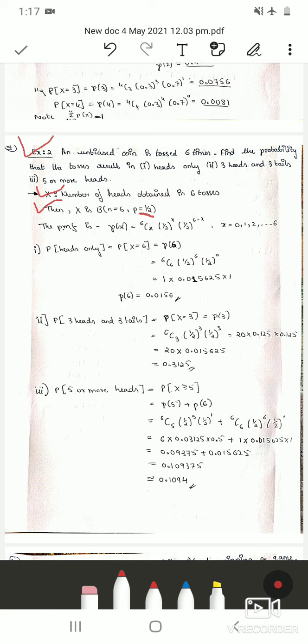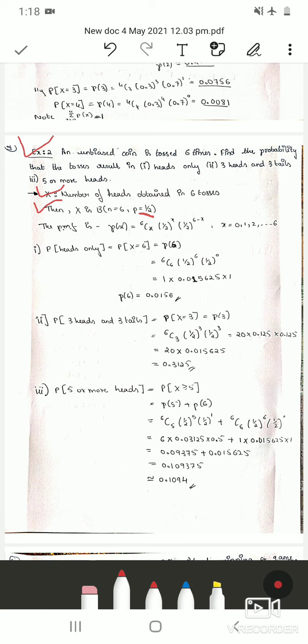If you remember in our probability classes, I have explained that for tossing a coin, the probability of getting head or the probability of getting tail will be 1 by 2 because it is an unbiased coin. When you toss, either you will get head or tail. Therefore there is a 50% chance of getting head and 50% chance of getting tail.